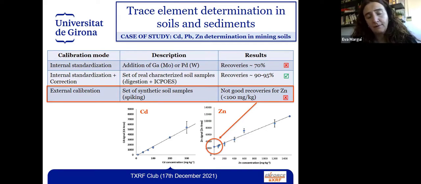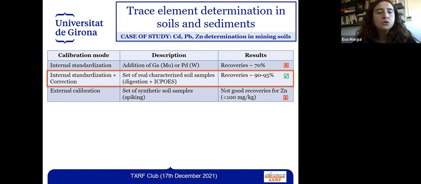However, this procedure was okay, for instance, for cadmium, which is not usually present in soils, but in the case of elements that were already present in the soil used to prepare the calibration standards, such as zinc, it was not okay because we already have a quite high value of this element.